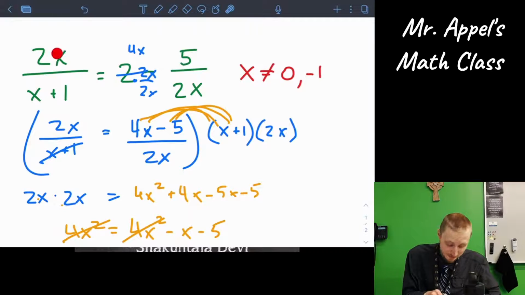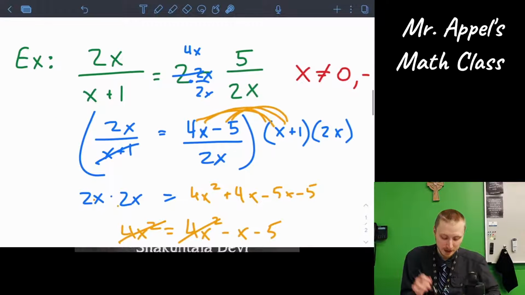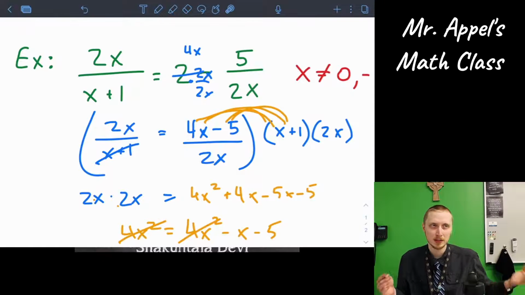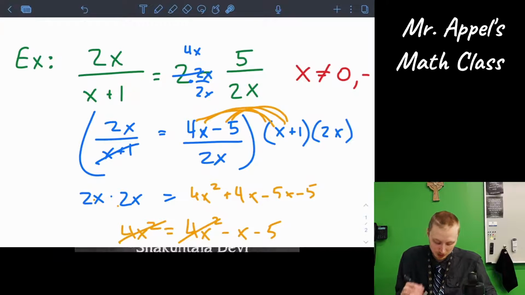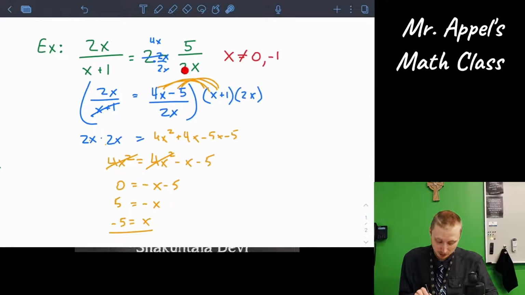If I put negative 5 in here, will I cause problems? So 2 times negative 5 is negative 10. Negative 5 plus 1 is negative 4. Negative 10 divided by negative 4 is positive 2 point something. Okay, it works. Is that the same as 2 minus 5 divided by 2x? Well, 2 times negative 5 is negative 10. 5 divided by negative 10.